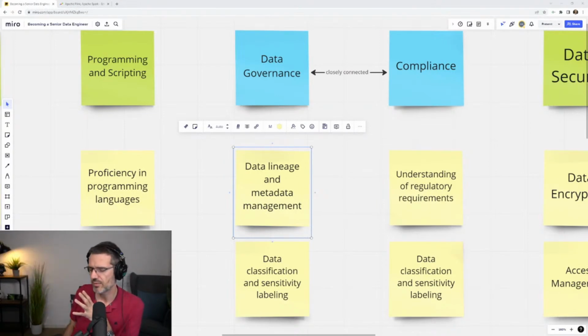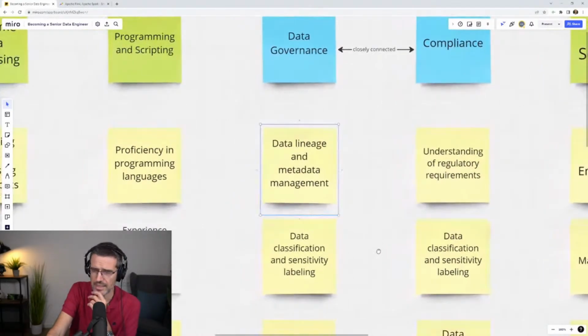And sometimes it's very difficult to understand where this data actually comes from, what has been done with that data before. Also the metadata of data types and statistics of how fast this is coming in, how much data this is per day, and so on and so on. Lineage, super difficult at times.